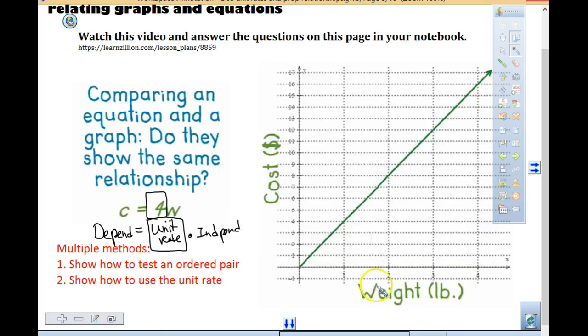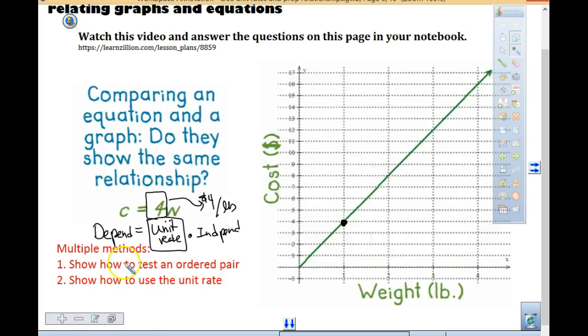Now, if I look at this equation, this tells me that I'm charging $4 per pound, right? Do you agree? If I look over here, I can also see that point going up from 1 is at $4. So equation and graph, how they look.